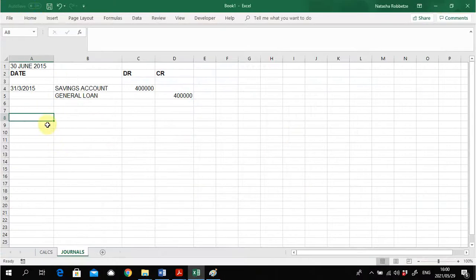Right. Then the second date that we have was the 1st of April 2015. That was when we made our first progress payment towards our building that we are constructing. So I'm going to say debit the building, and credit the bank. So here we are using the bank overdraft to pay for it.